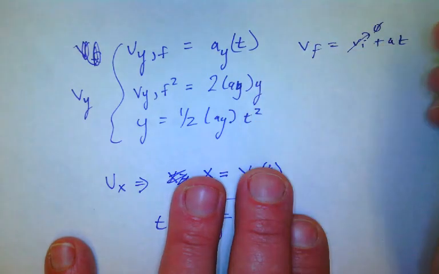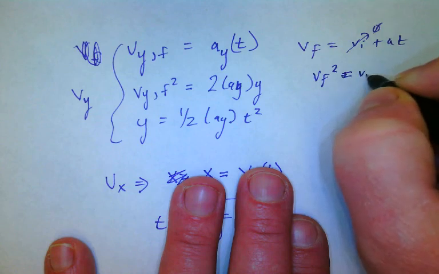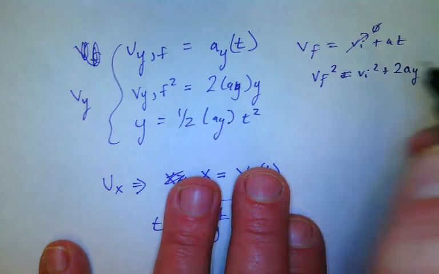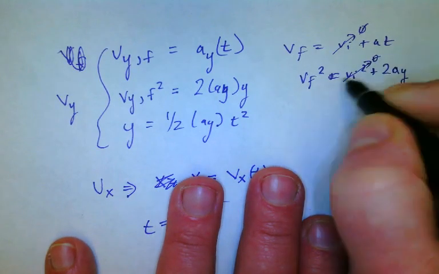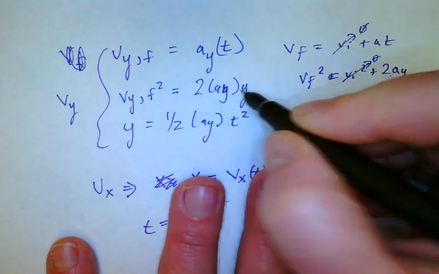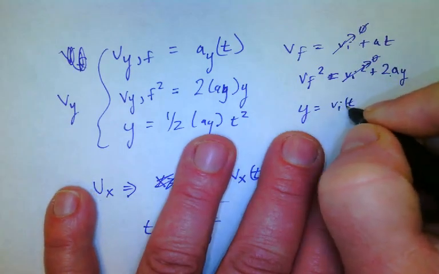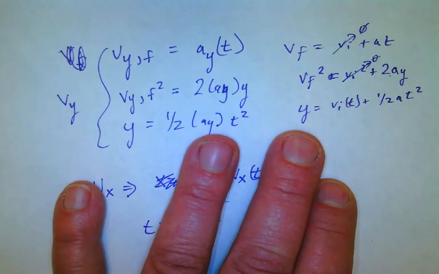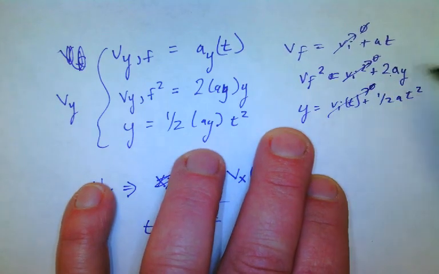Does that make sense? Yep. Here we got Vf squared equals Vi squared plus 2ay. My initial velocity in the y direction is 0, so that's gone, and that's why I would write that one right there. Y equals Vit plus 1/2 at squared. That is this one right here, so that's going to go to 0.